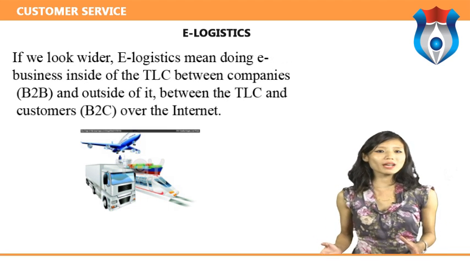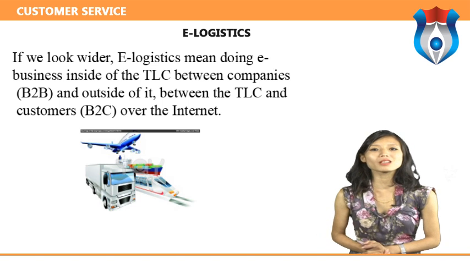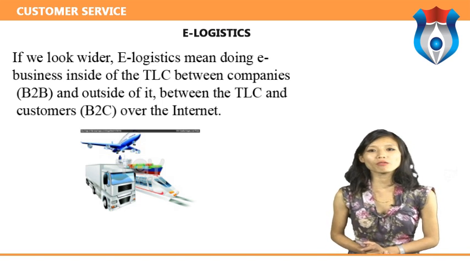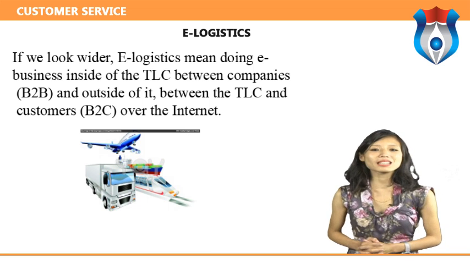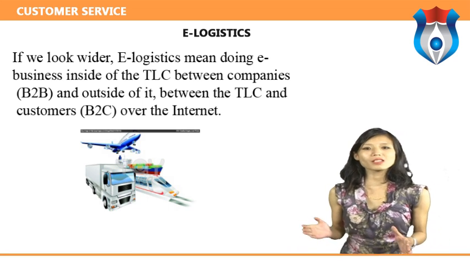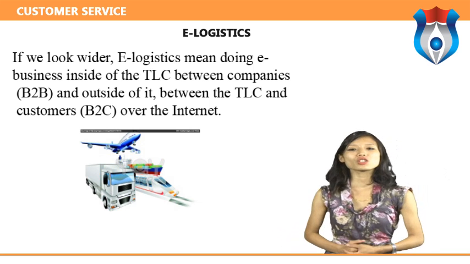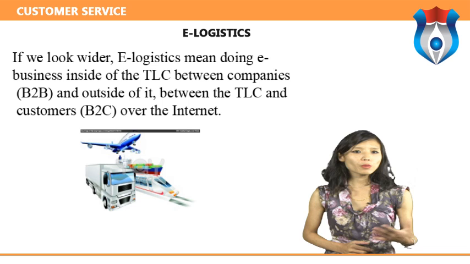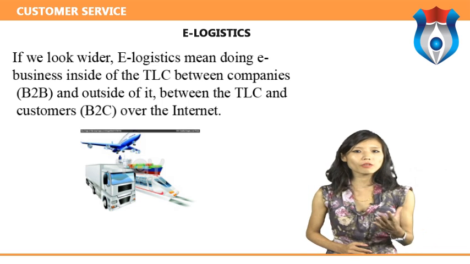If we look wider, e-logistics means doing e-business inside of the TLC between companies, B2B, and outside of it between the TLC and customer, B2C, over the internet. Renovated processes are the basis for implementing e-logistics through logistic processes and necessary for the result that will show improvement through the added value chain.